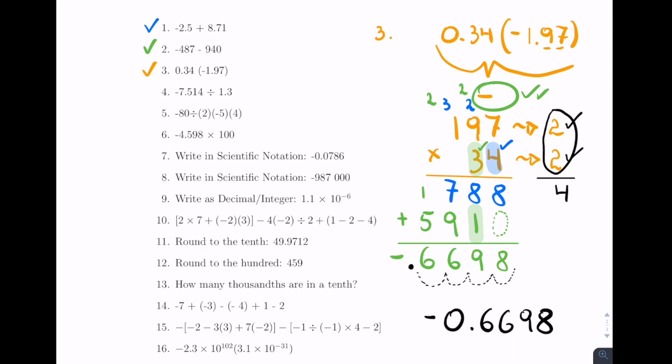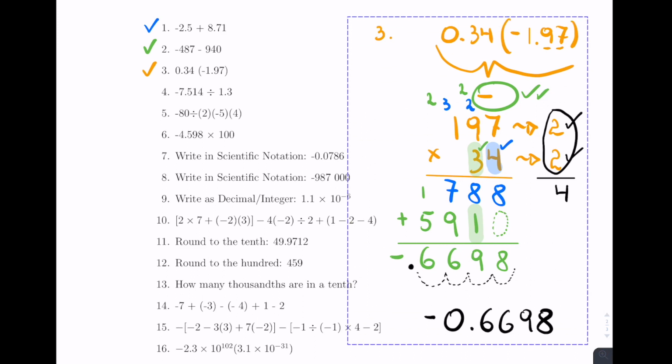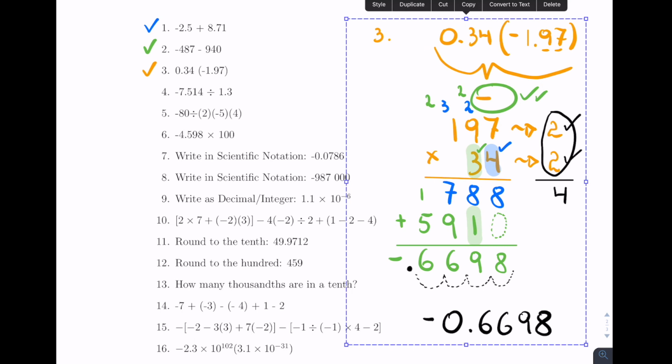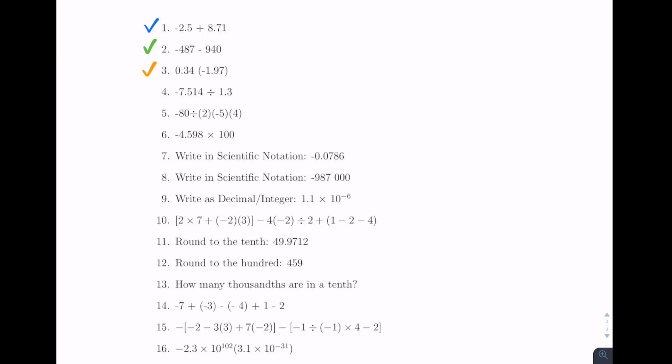Let's take a look at number 4. Here I have a division.